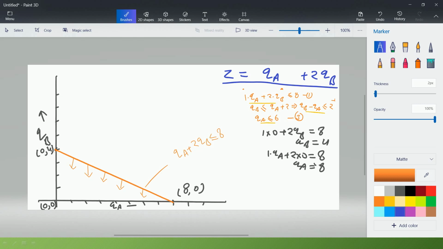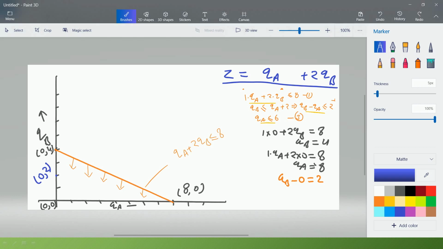Now we will solve the second equation. This QB minus QA equal to 2. When QA is equal to 0, QB minus 0 equal to 2. QB is 2. This point will be 0 comma 2. Okay. And when QB is equal to 0, we will have QA equal to minus 2.